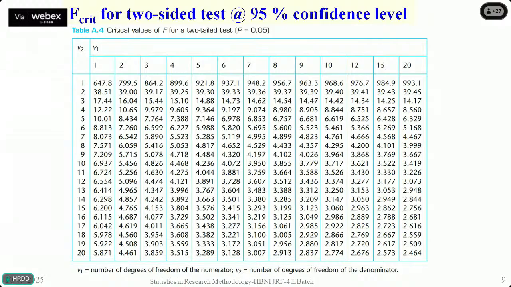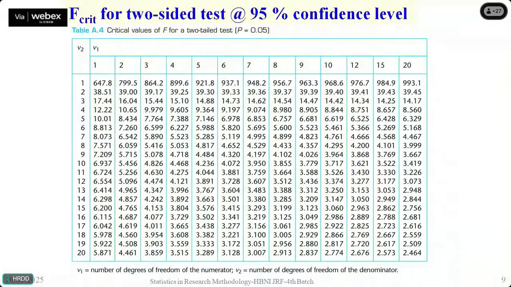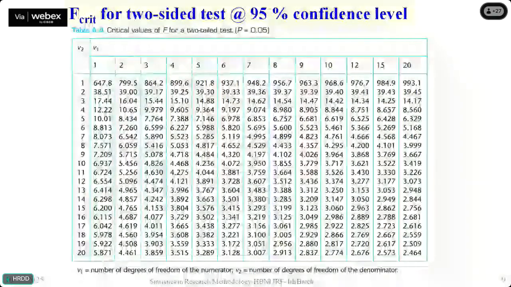So F critical for two-sided test. If it is not mentioned whether you have to go for a single or double side, it is simply understood that you go for a two-sided test, and a certain degree of confidence will also be mentioned. When you go to the internet, you will see different such tables for the F parameter, single-sided and double-sided, at different levels of confidence.